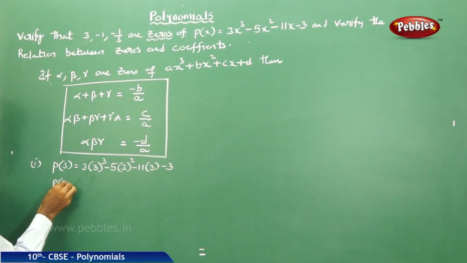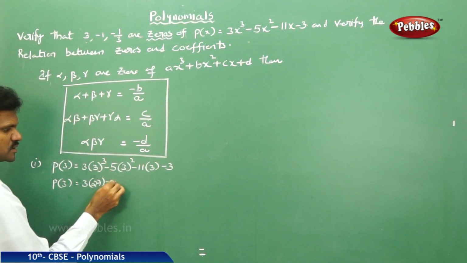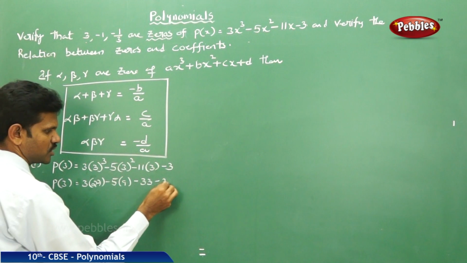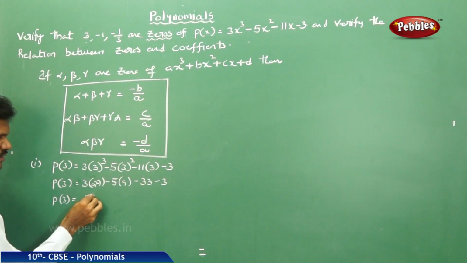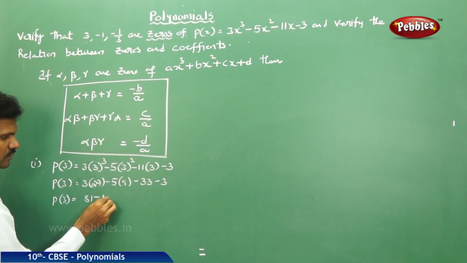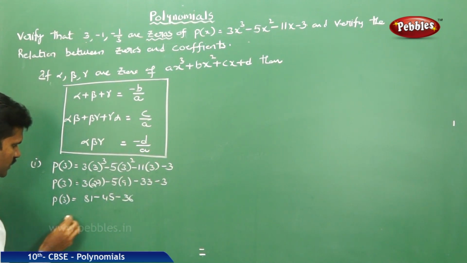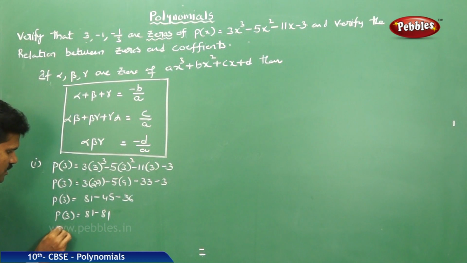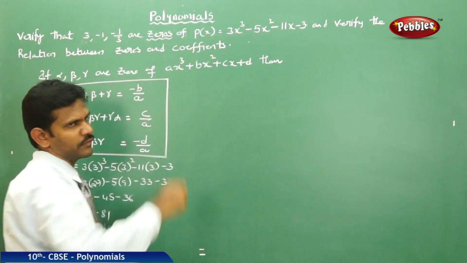That is p of 3 is equal to 3 times 3 cube, nothing but 27, minus 5 times 3 square, nothing but 9, minus 11 times 3, minus 3. That is p of 3 is equal to 3 times 27 is 81, minus 5 times 9 is 45, minus 33, minus 3, that is minus 81. So p of 3 is equal to 81 minus 81, that is p of 3 is equal to 0. Okay, my answer is 0. Therefore, I conclude that 3 is a zero of the given polynomial.